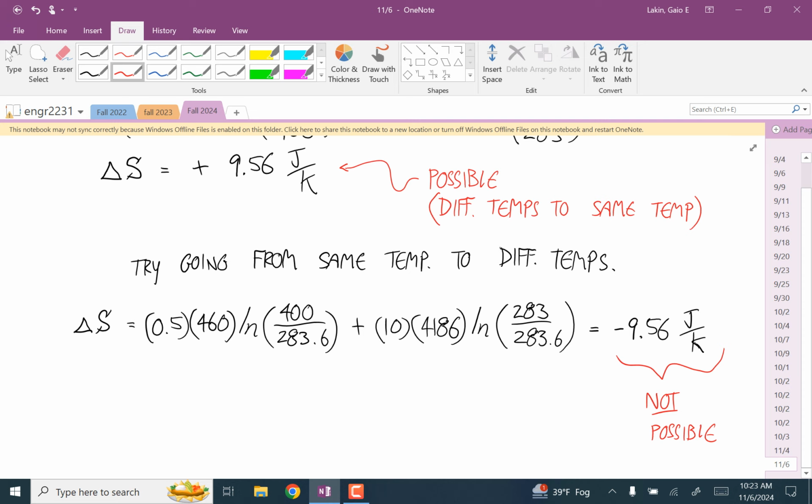Energy is going to leave the steel for the cooler water until those temperatures match each other. But we don't have a way to calculate it, and not all systems are as intuitive to understand as this one. This gives us a way to determine the direction. Okay, so let's see one with ideal gases. Same idea.